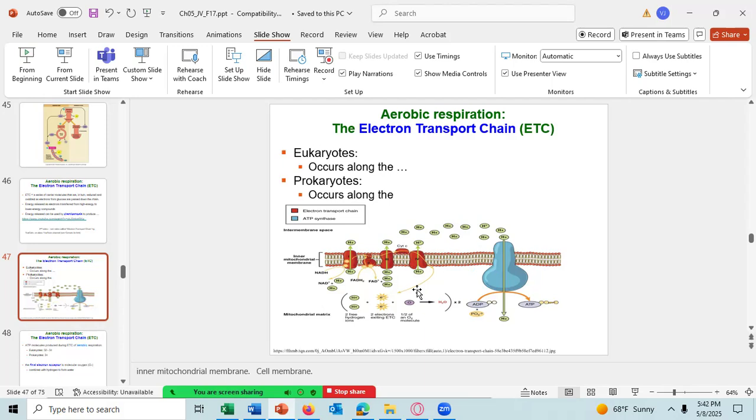Nobody has a guess? Nobody knows? You'd fail a quiz question if I were to ask that on a quiz. The cell wall is outside the cell membrane of a prokaryote cell. So these hydrogen ions in a prokaryote are being passed inside the cell wall. Any question about any of that?